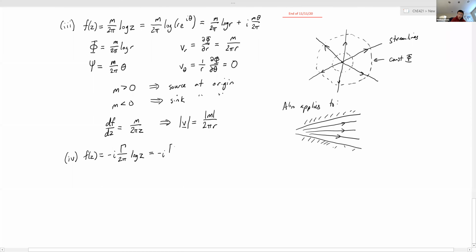So again, I can use the polar representation. Okay. And so that gives me, here, I'll write it down here. Negative i times gamma over 2 pi. And then I'm going to expand out this log as I did above.